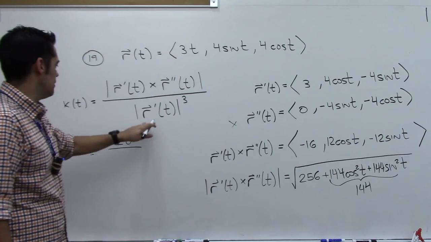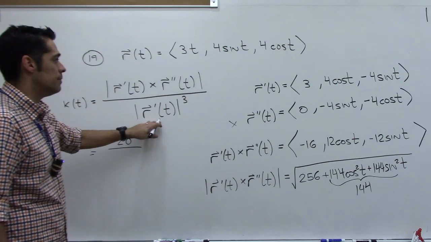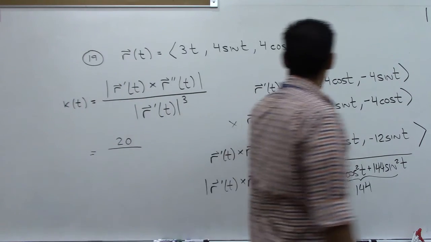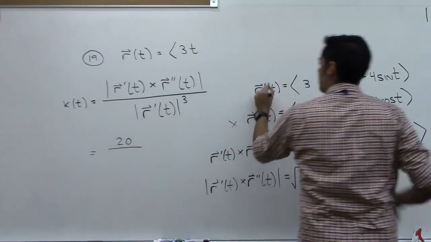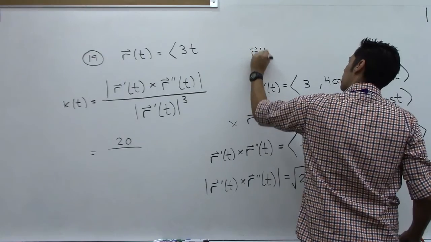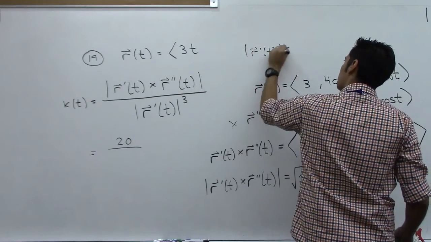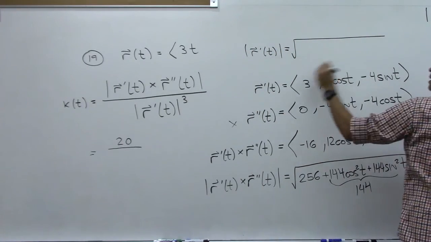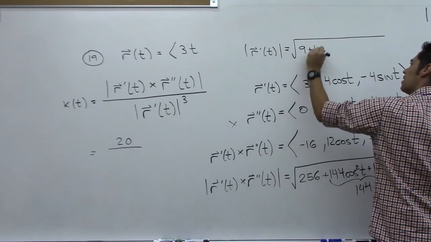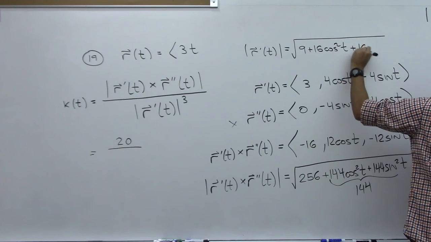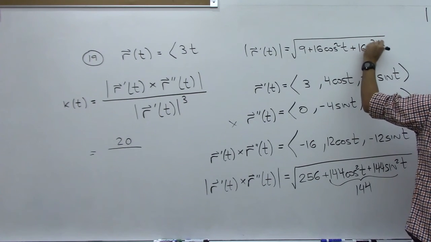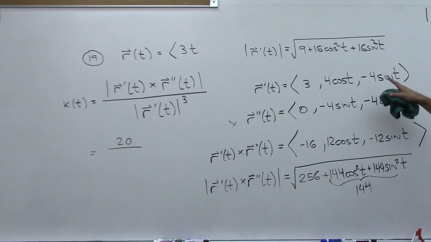over, now we need the magnitude of the derivative, which was right here. It's the square root of 3 squared, 9, plus 16. We've been getting the same thing happening on all these, so they have to pick these very carefully so that they work.